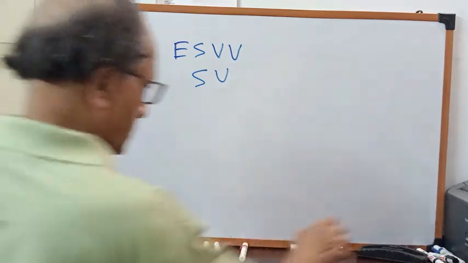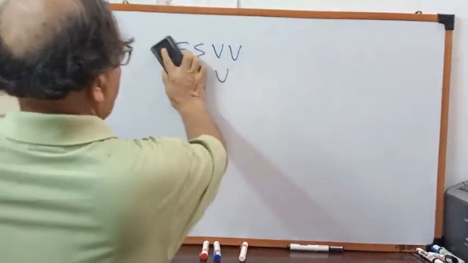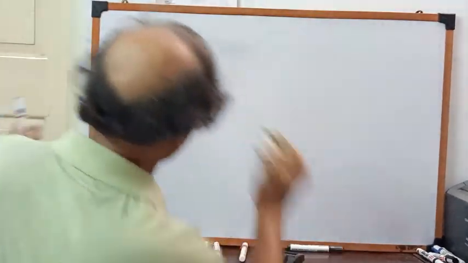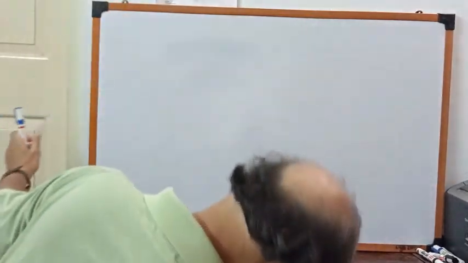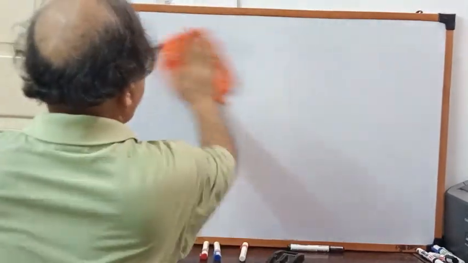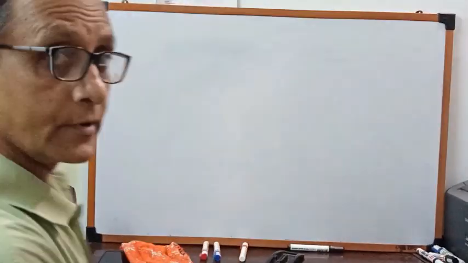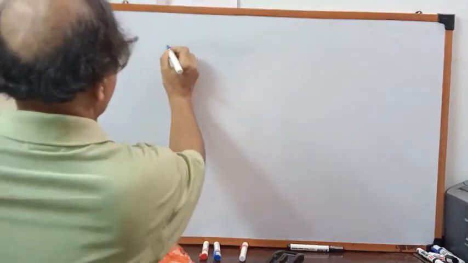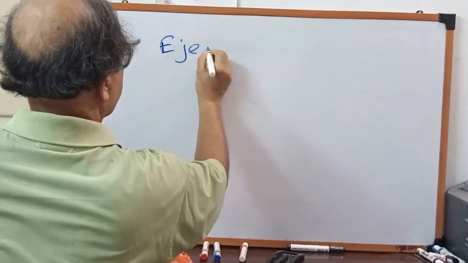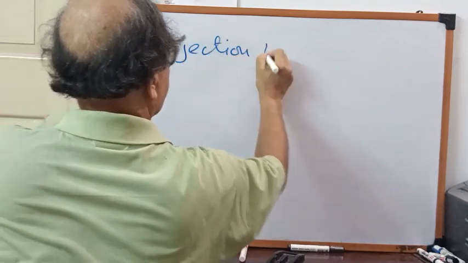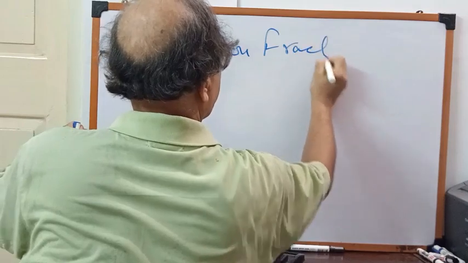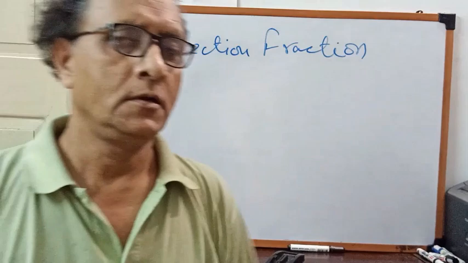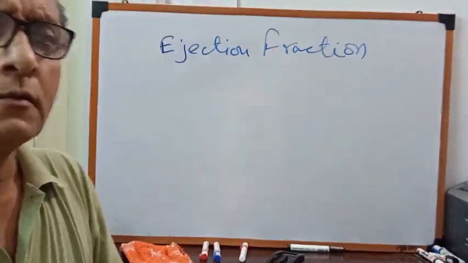Now classically, the usual parameter by which we express the ventricular performance is the ejection fraction. What is ejection fraction?